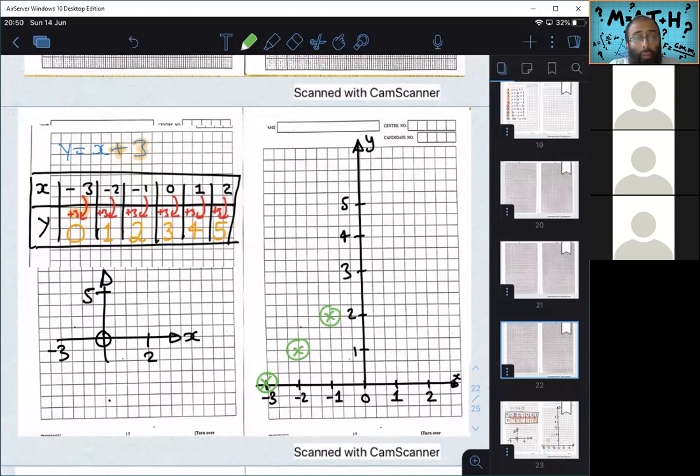Is that 2? And where's 0? Is that 3? And where's 1? 1's at 4. Okay.